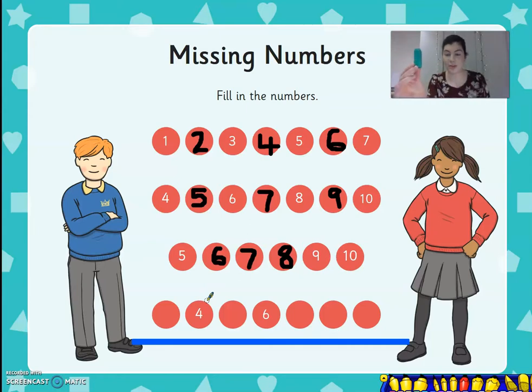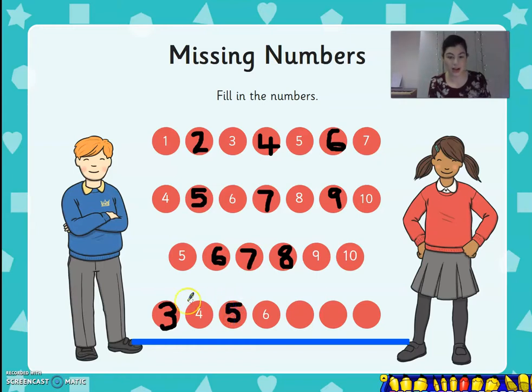So how many cubes do we have left? 1, 2, 3. So what number is going to go there? 3, absolutely. So we've solved the first one. 3, 4. Now 1 more than 4 is going to be 5. That works because the next one is 6.